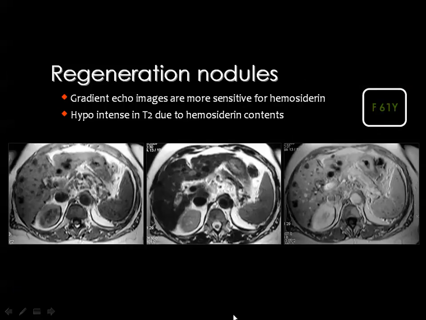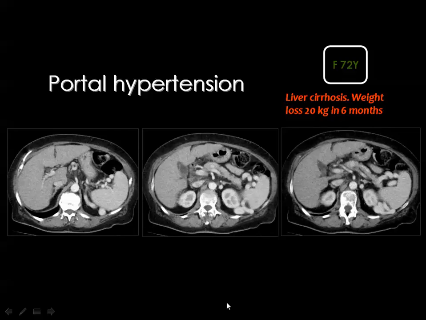And you may remember that I have said that MRI is considered a reliable technique to discriminate between cirrhotic regeneration nodules and hepatocellular carcinoma, because regeneration nodules will appear low signal in T2 weighted image due to the hemosiderin content, so you see low signal in the T1 and low signal in the T2, while the hepatocellular carcinoma will show some brightness in the T2 weighted images.